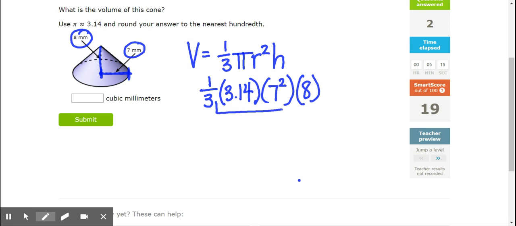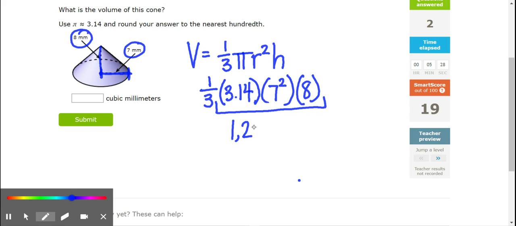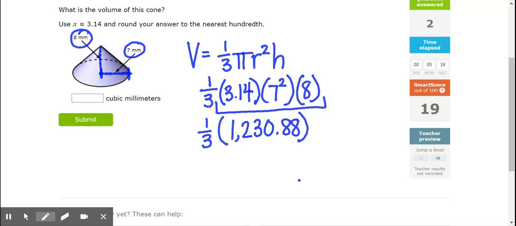I'm going to type this into my calculator: 3.14 times 7 squared times 8. I get 1,230.88. Now I'm going to take this number and divide it by 3, since I brought down my 1/3.